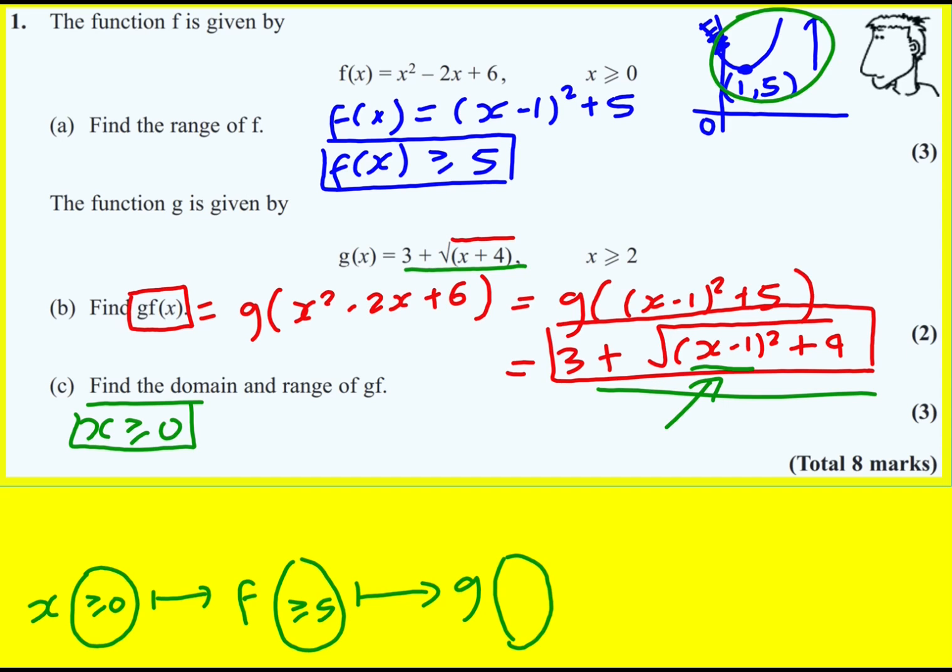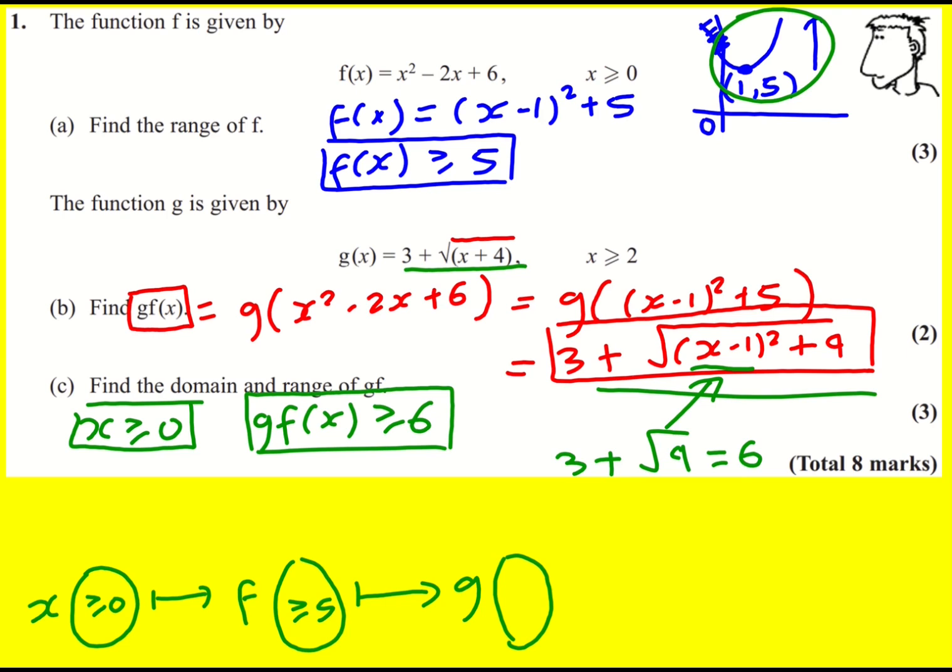It's going to go down and then come back up. So I'm interested in the minimum point, which is when x is 1 again. And therefore for the lowest value, I'm going to get 3 plus root 9, which is 6. And that is going to be our lowest point. Therefore, g of f of x has to be greater or equal to 6.